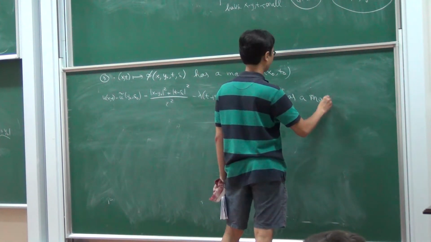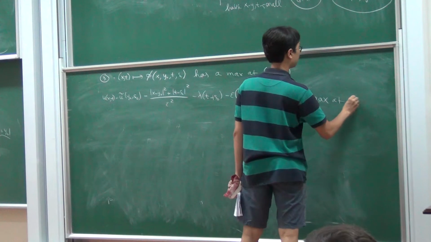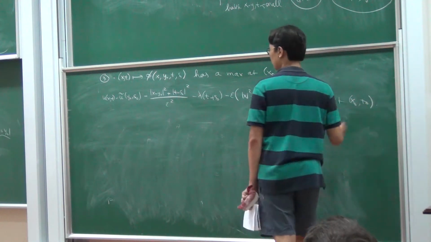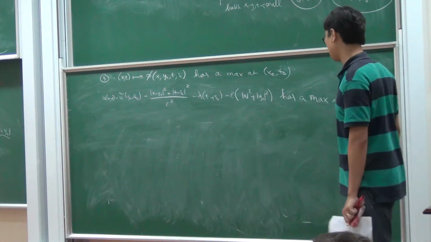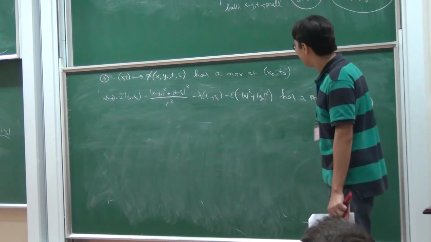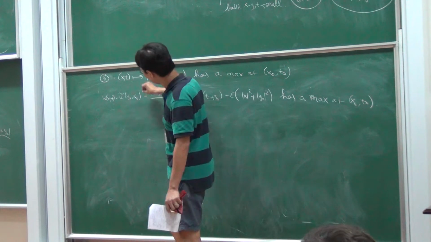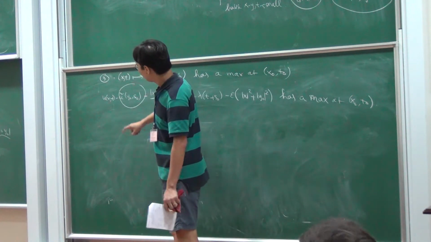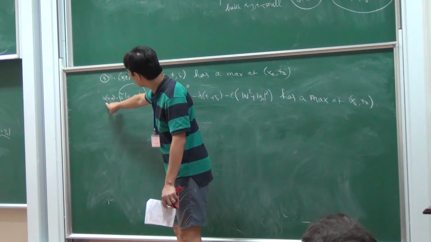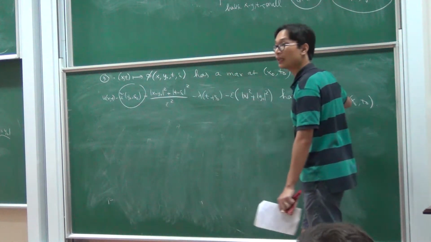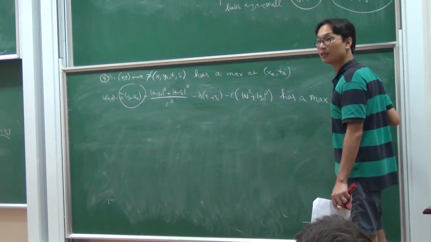A strict max doesn't matter, by the way. You see, this is so clever because when I freeze y0 and s0, this is just a constant. Now I have u minus some smooth function, which has a maximum at this point.